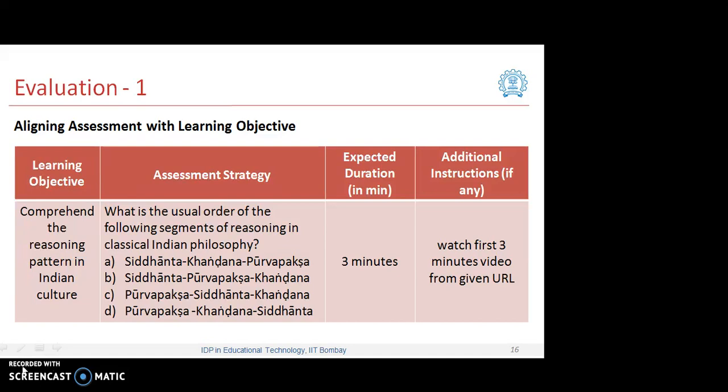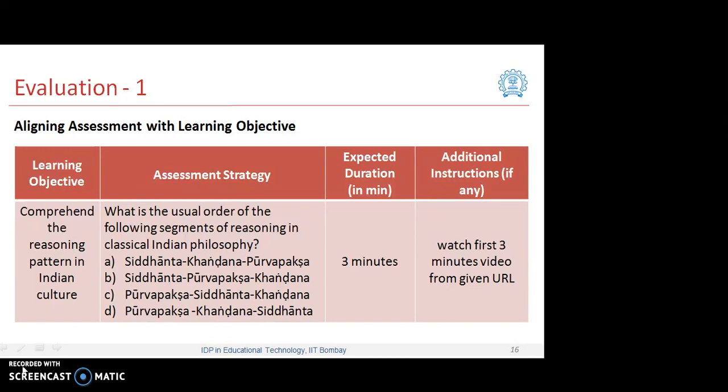So we have seen that an Indian thinker first reformulates the arguments of the opponents, that is called Purvapaksha, and then the thinker refutes, examines the argument of opponents, and that is called khandana. And after that examination, the thinker proposes his or her own position. So this order we see in the last option, that is D, Purvapaksha, Khandana and Siddhanta. So this is the correct option.